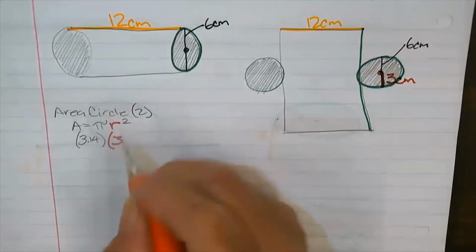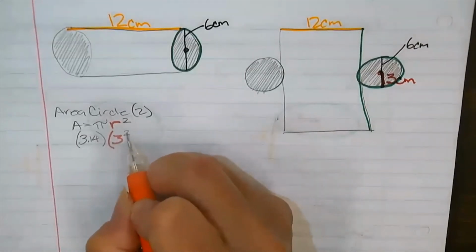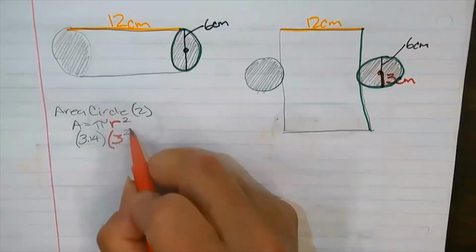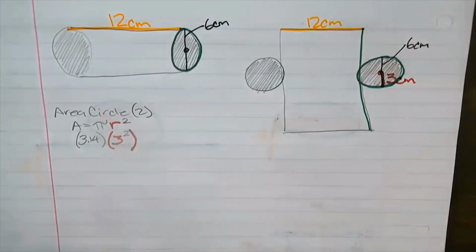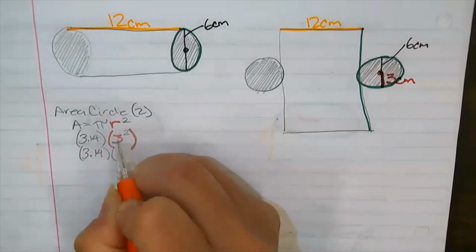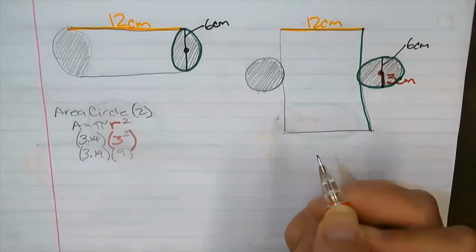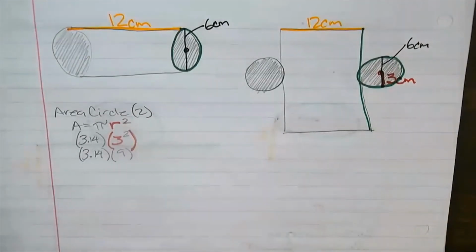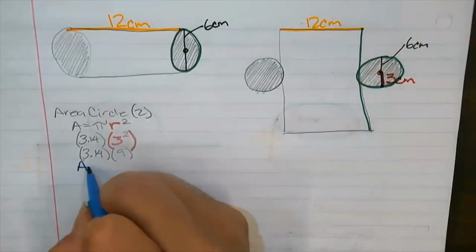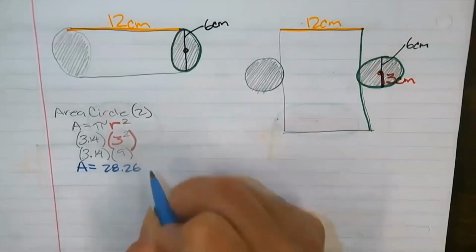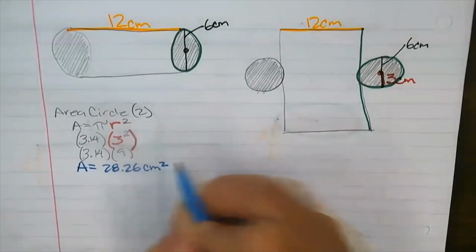So my radius is 3, and the order of operations says I do the exponents before I multiply. So 3.14, 3 times 3 is 9. I'm going to put this in my calculator, 3.14 times 9. The area is equal to 28.26 centimeters squared.